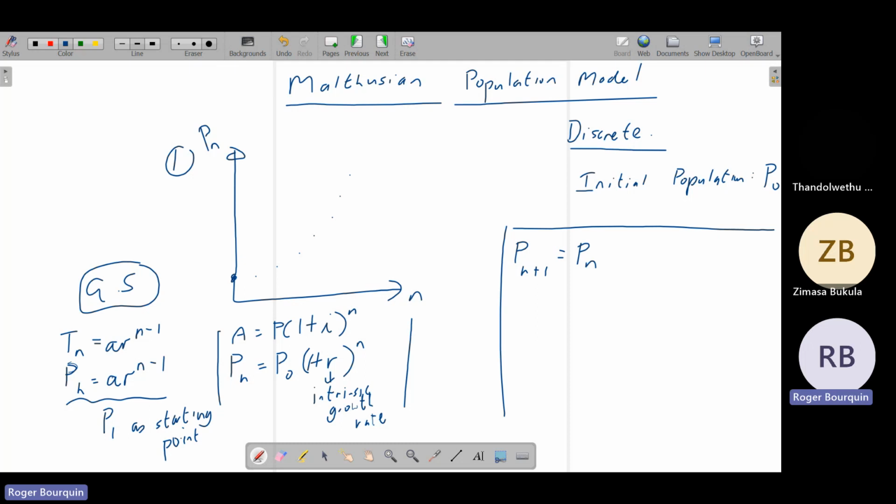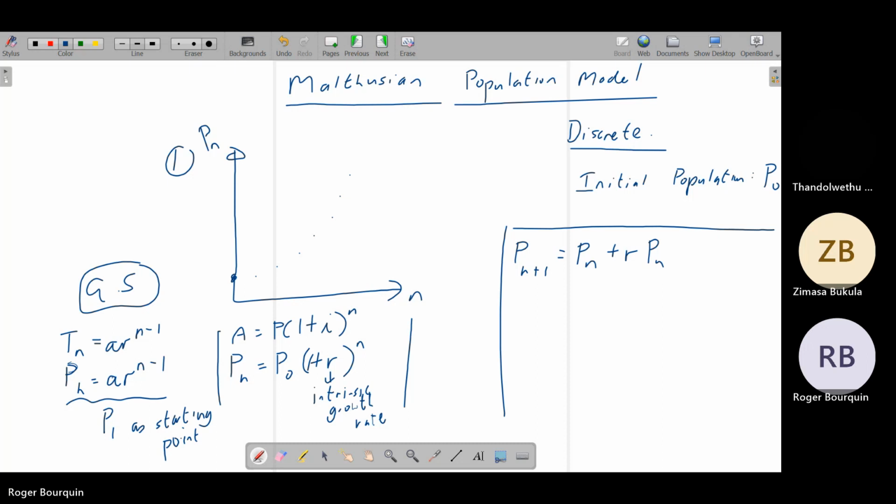The population before. In general, P(n+1) will be equal to Pn, plus how much the population increases by. If the population is growing at 20%, it'll be 20% of what you had before, so plus R times Pn, if that's your intrinsic growth rate.